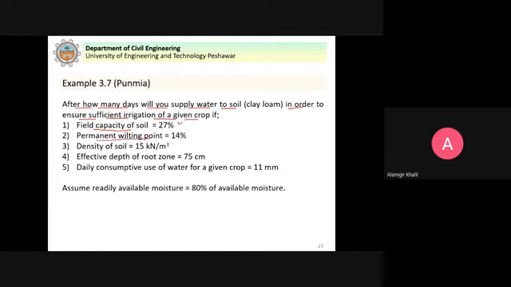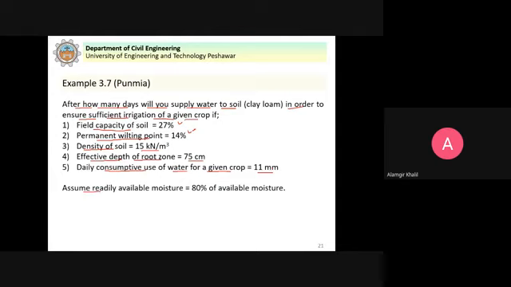The permanent wilting point given is 14%. The density of soil, gamma D, is 15 kilonewton per cubic meter. The effective depth of root zone is 75 centimeter. The daily consumptive use of water for the given crop is 11 millimeter per day.